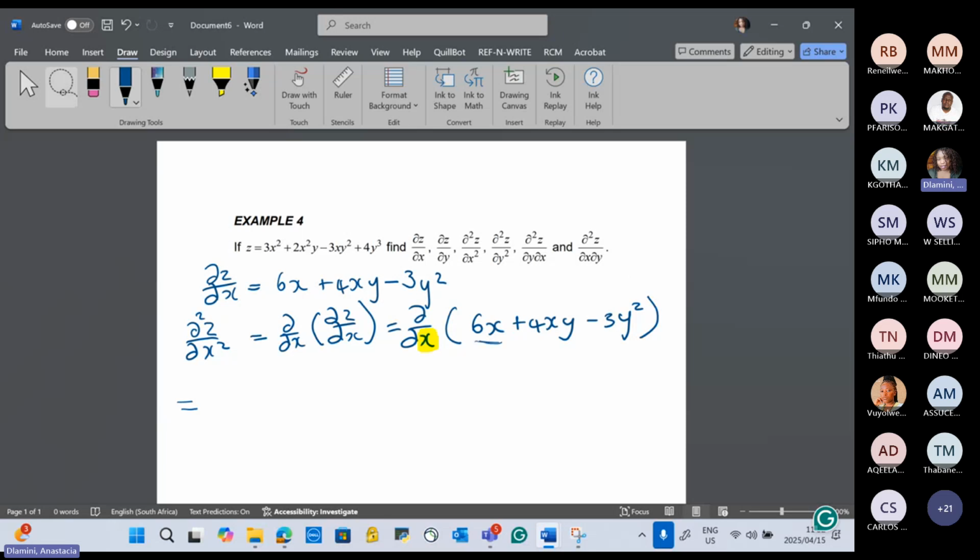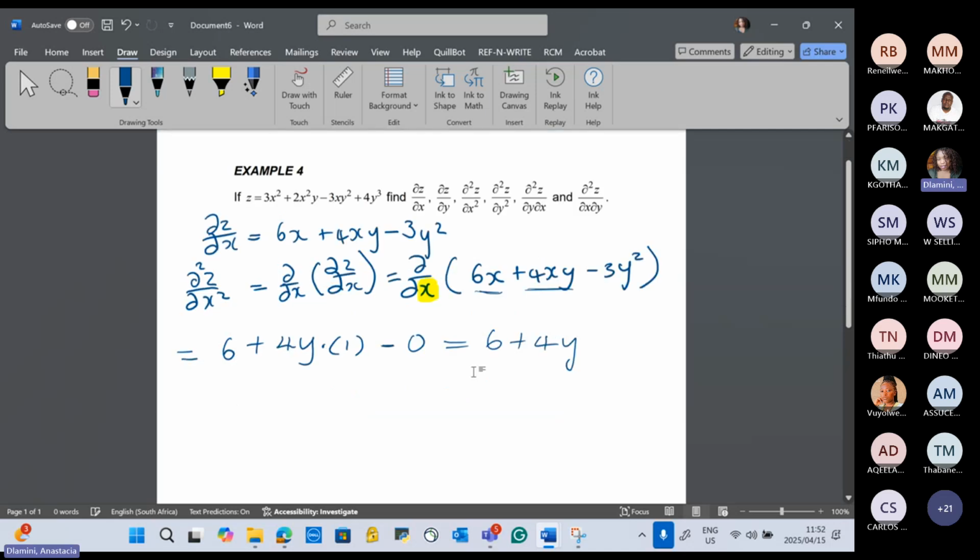What is the first one? 6. The second one, which one are we keeping the way it is? 4y, because there's a y. Differentiate x, we get 1. Minus 0. You are getting the hang of it. So this is 6 plus 4y.